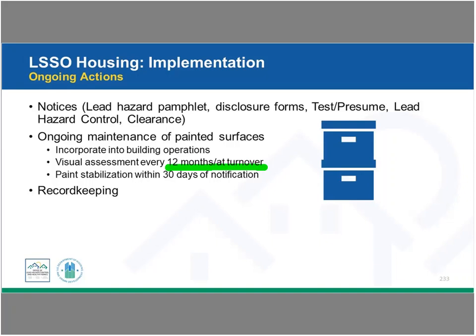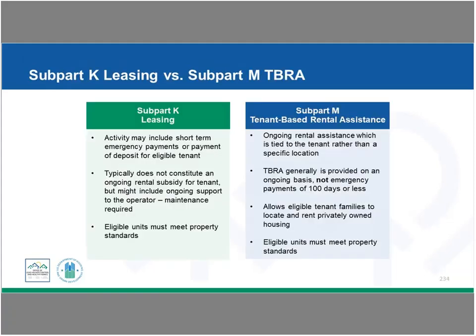And then we're going to make sure that we do that paint stabilization within 30 days of the notification that we actually have lead hazards, or our visual assessment has identified paint that we are presuming to have lead. As part of that, we're going to have record keeping in place to be able to show that we followed those required steps.